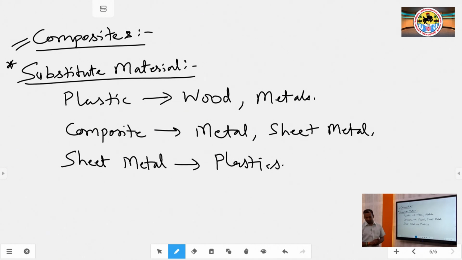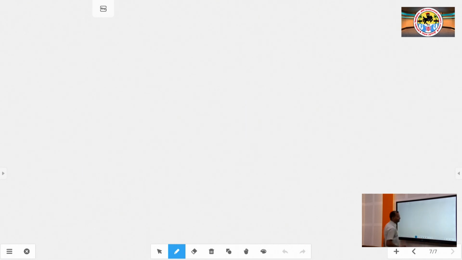newer materials. Next, we are going to define the manufacturing categories. Manufacturing is a vast field where basically we can say it involves 5 steps.